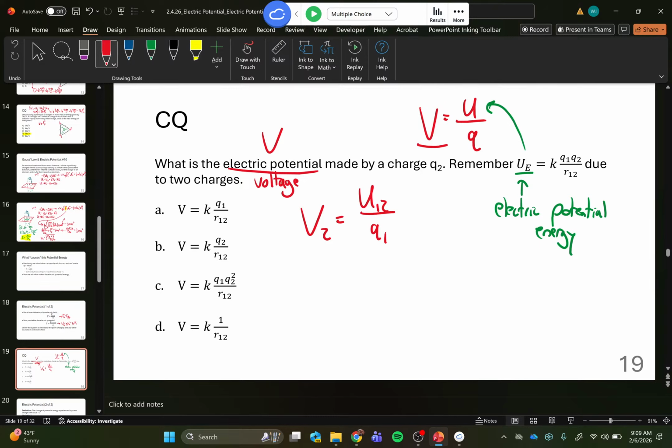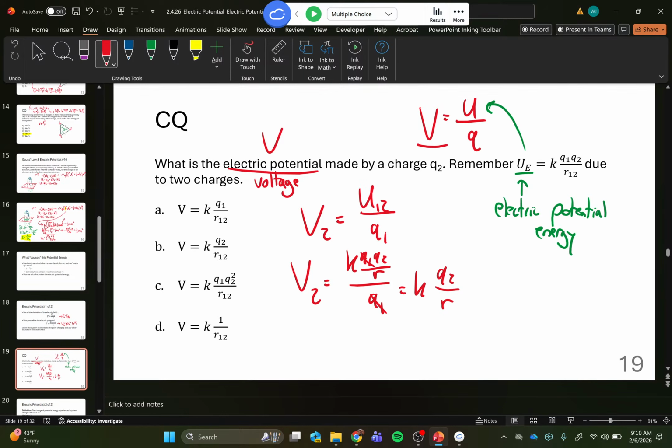Charge 2 makes the voltage, charge 1 experiences the voltage. One makes it, one experiences it. So we get K Q1 Q2 over R divided by Q1. Q1 cancels, and we're left with an expression that makes sense. As Q2 goes up, it makes a bigger voltage.